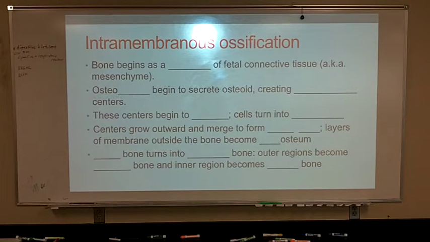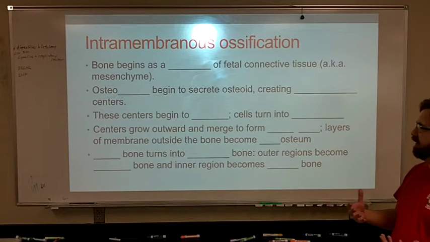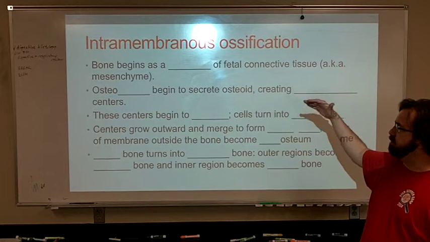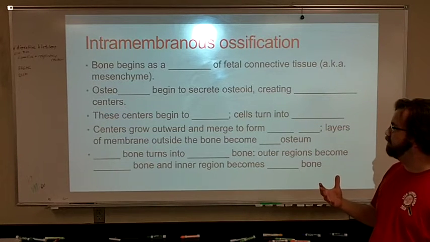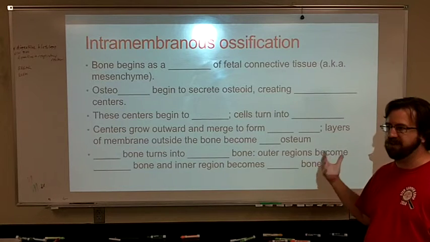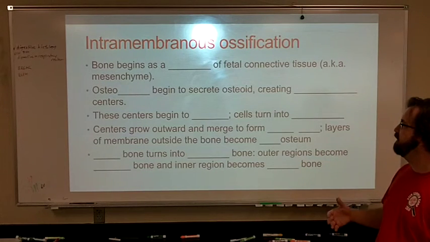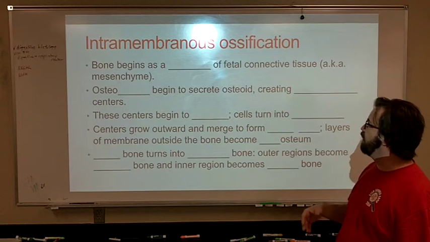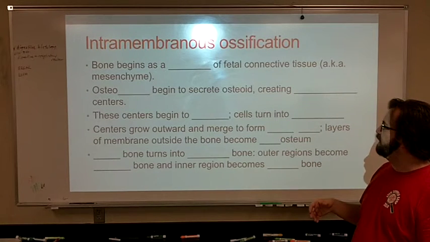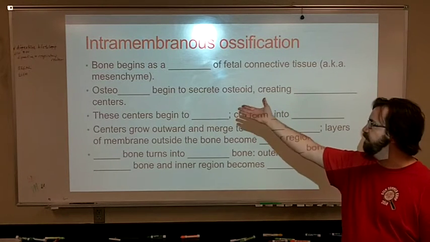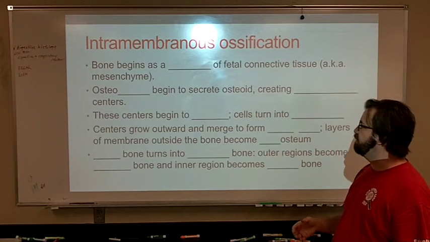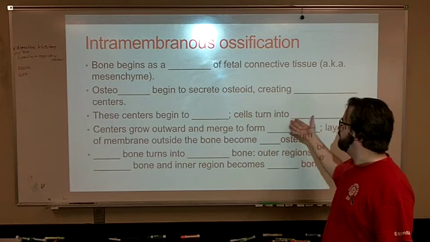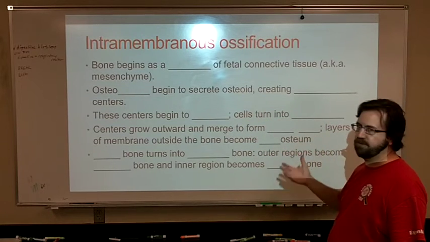If you look at my online PowerPoint, there's a step-by-step process here for you to fill in the blanks. I think the blanks will be fairly obvious if you look at what we just talked about: that bone begins as a membrane, then what kind of cells would secrete osteoid, creating ossification centers. Those centers begin to calcify, and cells now turn into what?